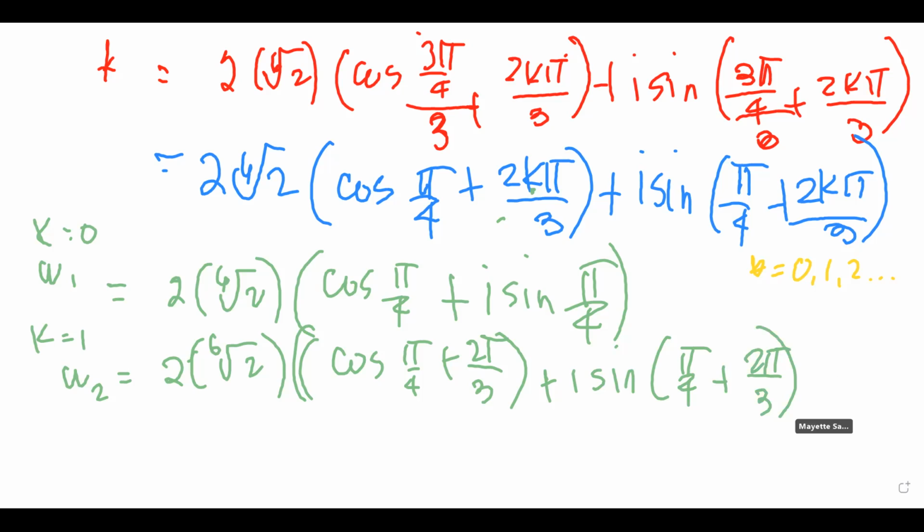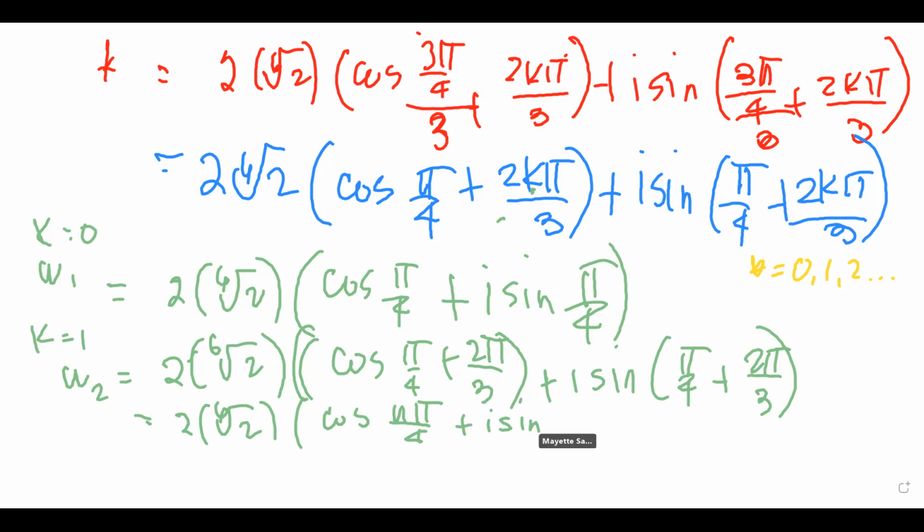This is equal to 2 sixth root of 2, times cosine of, pi over 4 plus 2 pi over 3 will give us 11 pi over 12, plus i sine of 11 pi over 12. Okay?